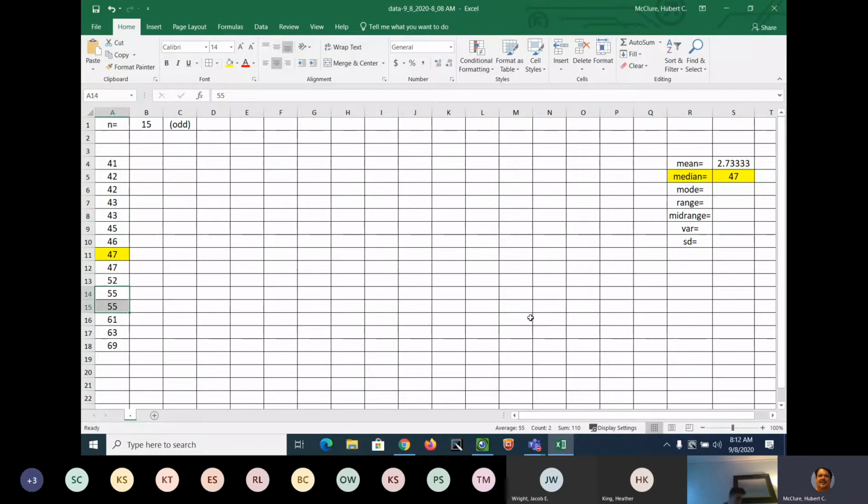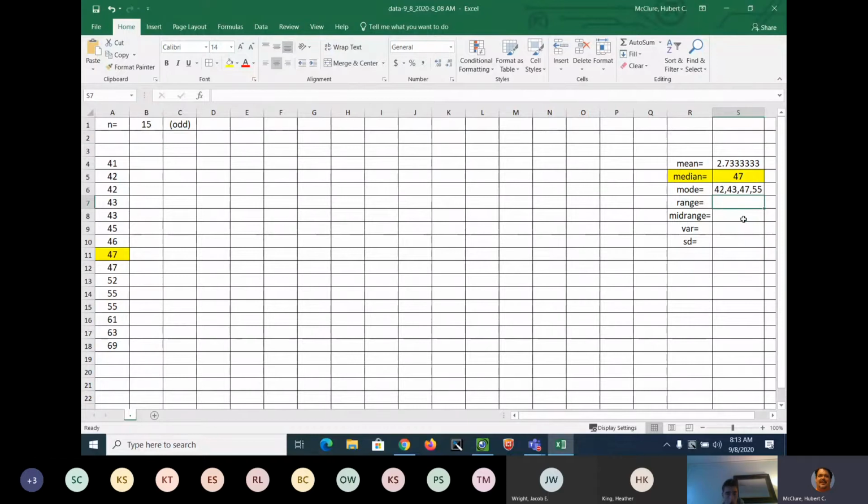I don't see any that shows up 3 times. So I forgot: 42, 43, 47, and 55. Please check and see if there's anything that shows up more than twice.